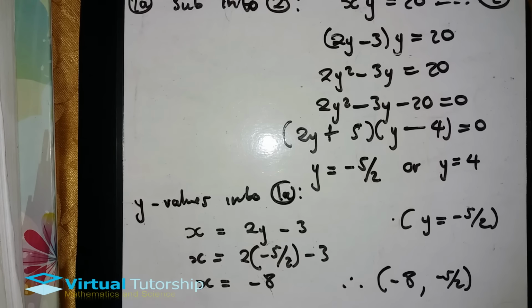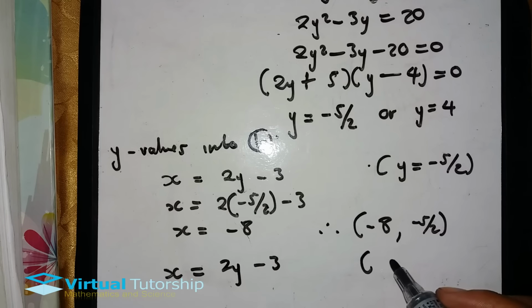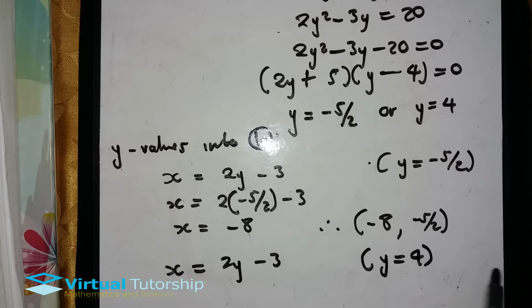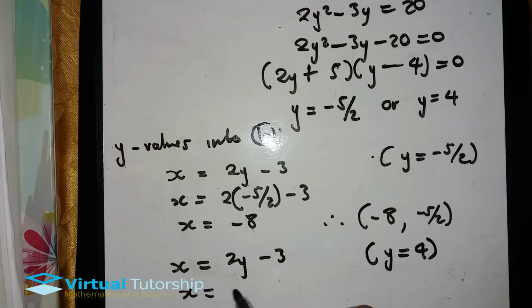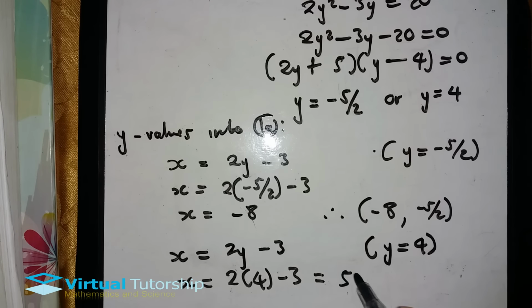So the second pair, it's x equals 2y minus 3, and then the other y is y equal to 4. So my x will be 2 in brackets, it's 4, negative 3. So what will my final answer be? 2 times 4 is 8, 8 minus 3 is 5.